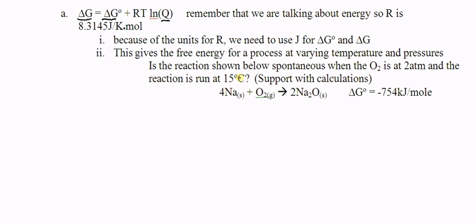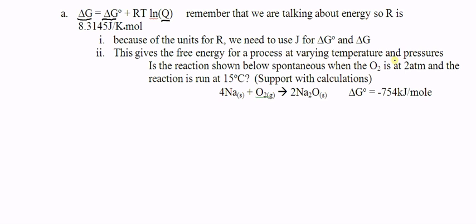The interesting thing here is that these conditions are not standard conditions for thermodynamics. We're not looking at 25 degrees Celsius and 1 atmosphere. We have a brand new set of conditions here. And so, as this line says, this equation gives us the ability to calculate free energy for a process at pretty much any temperature or pressure because of the relationship that exists here.